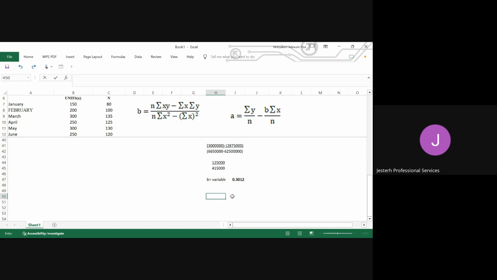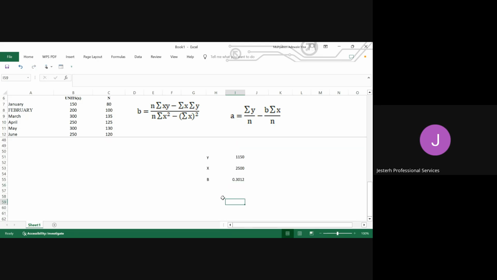Now this is what we are going to do. What is our y? Our y is equal to 1150. Our x is equal to 2005. That is our summation of x. Our b is what we just derived, which is this.